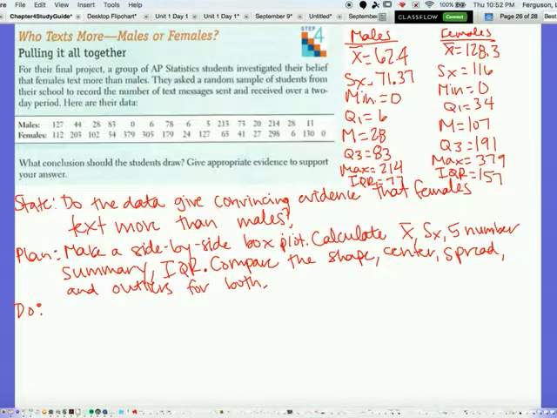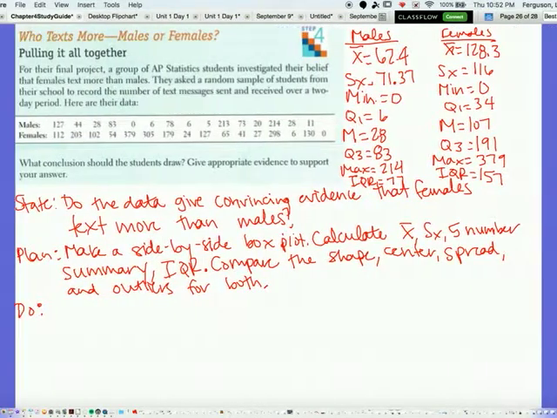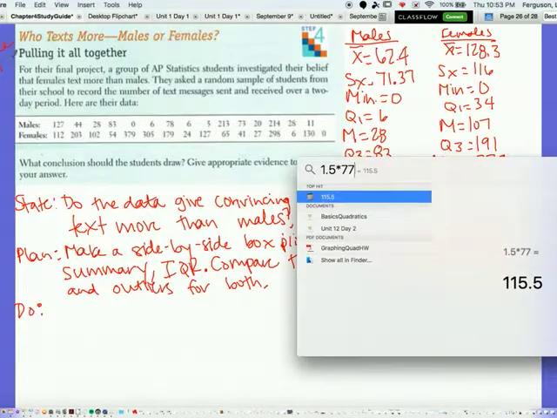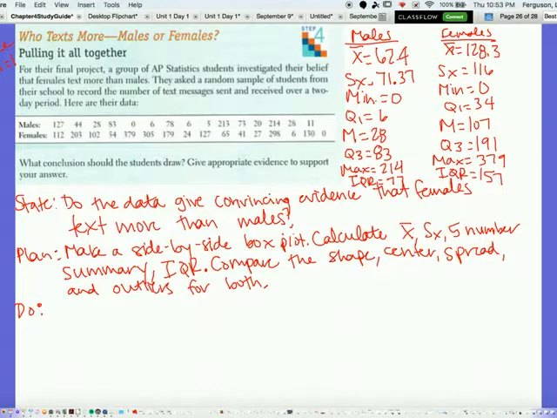For males, your IQR rule would look like 1.5 times 77, which would be 115.5. All right, so you would say, okay, my Q3 is 83, so 83 plus my 115.5.